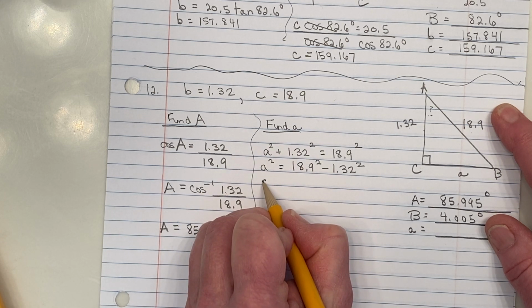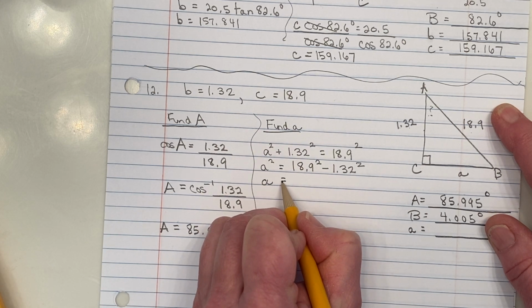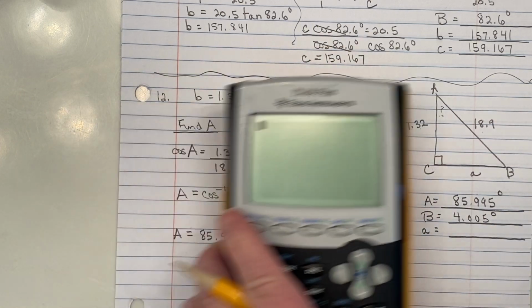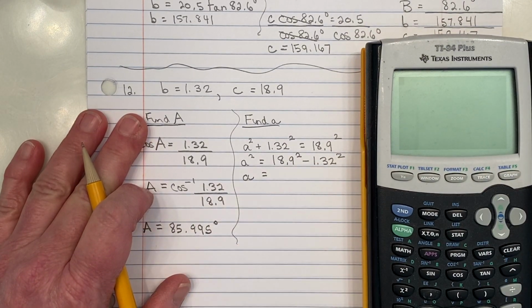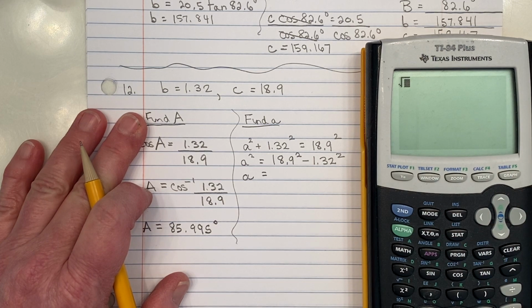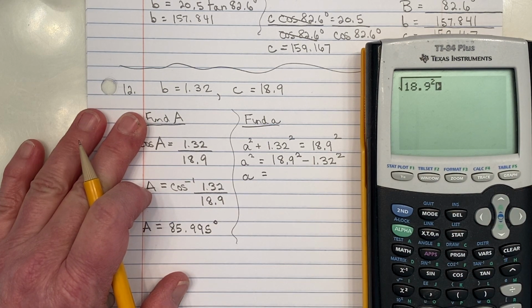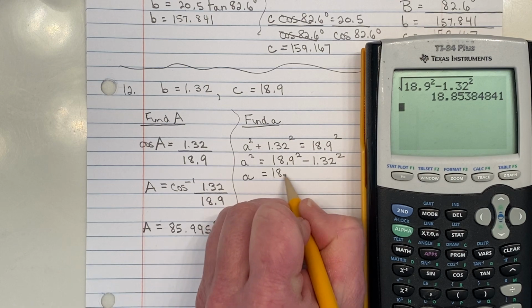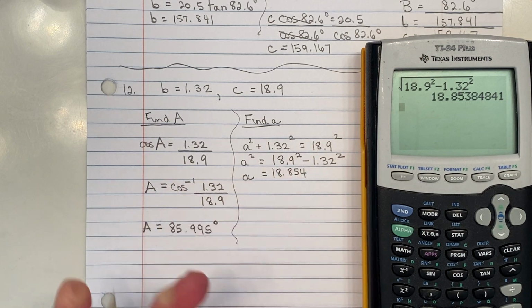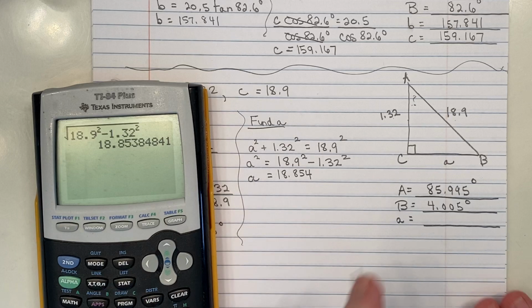And I'll just go right to my answer. I know a is going to be the square root of this answer. So I'll bring in my square root symbol. .854. No degrees, I'm finding a side length.